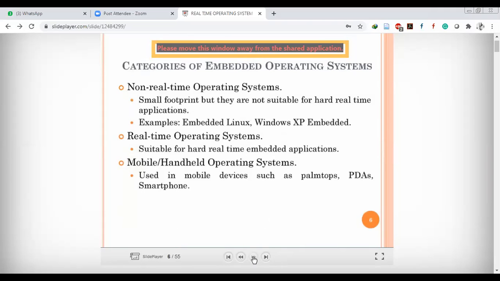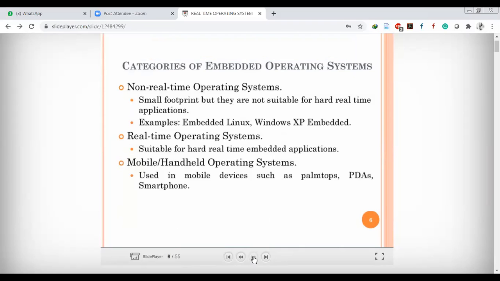Categories of embedded operating systems. What are the different categories of embedded operating systems? First one is the non-real-time operating system. Non-real-time operating systems have a small footprint, but they are not suitable for hard real-time applications. The title itself indicates that it is not suitable for real-time applications.